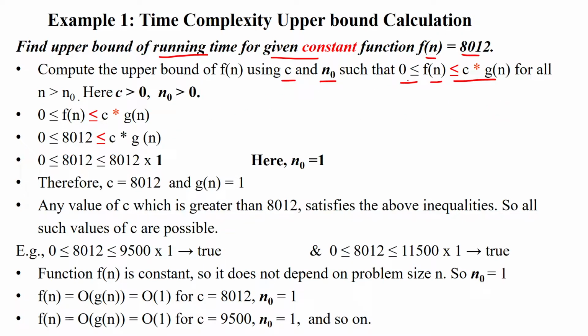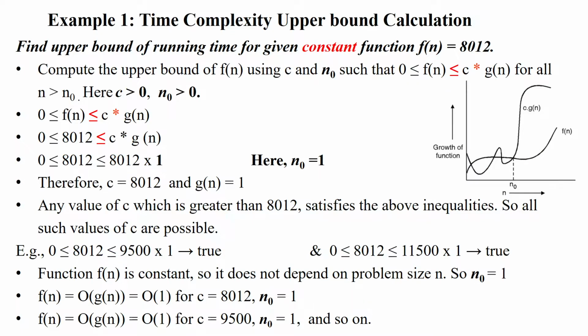So the given function is 0 less than or equal to f of n less than or equal to c into g of n. From here, c and n0 are always positive numbers. The given function is substituted in the form of f of n less than or equal to c into g of n.